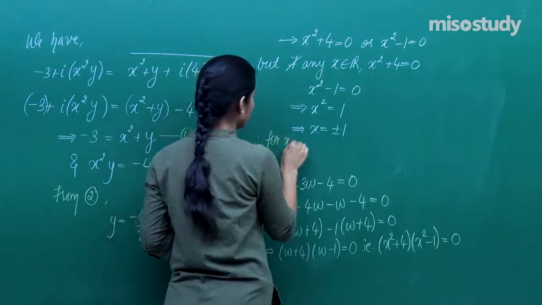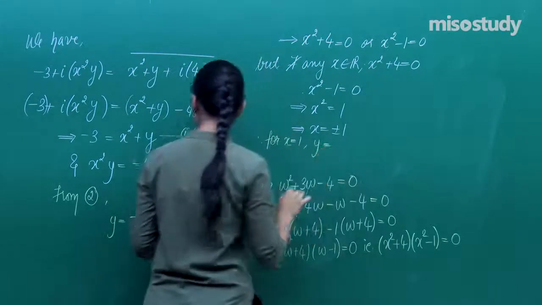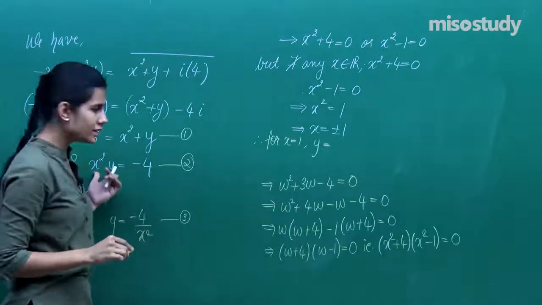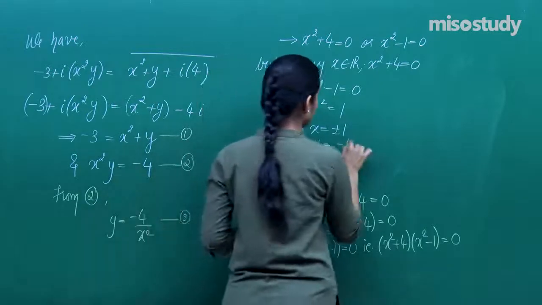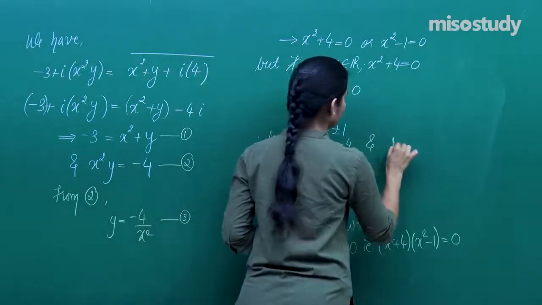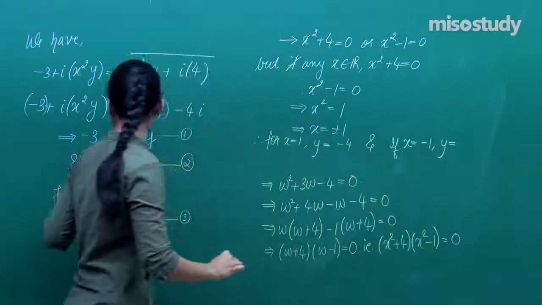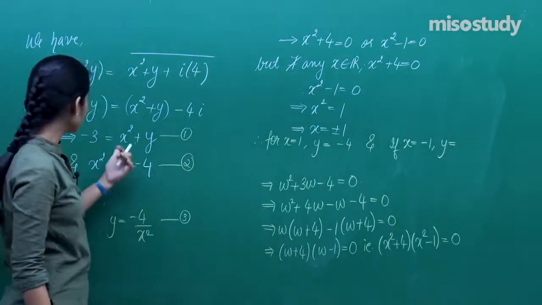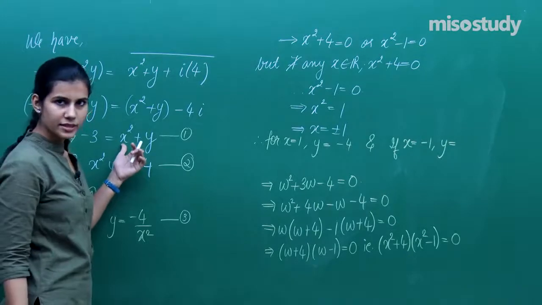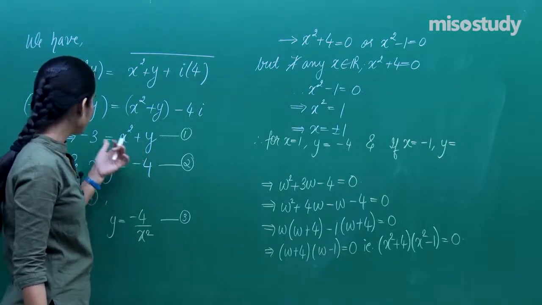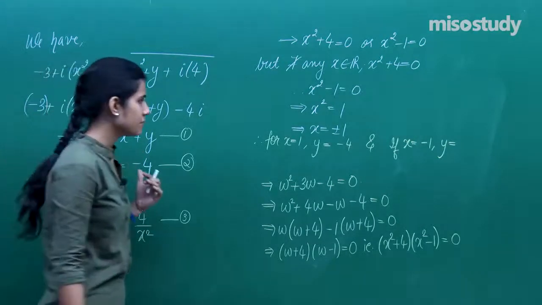For x equals 1, 1 square is 1, y is minus 4. And if x is minus 1, this is again 1, so you get minus 3 minus 1, again y is minus 4.